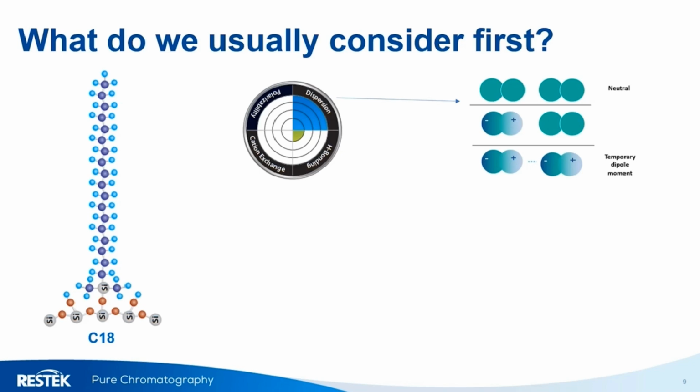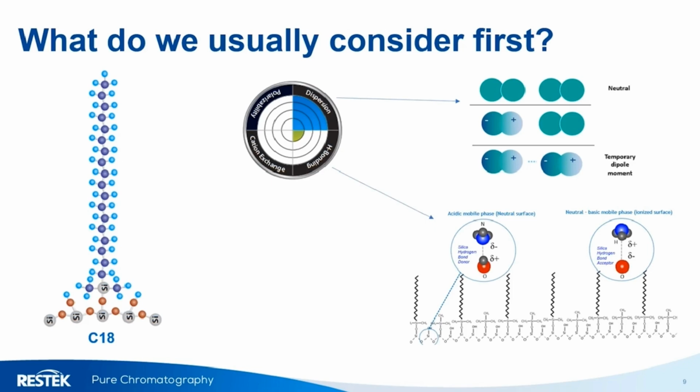When looking at neutral molecules, there's a shift in electron density causing an instantaneous temporary dipole moment in other adjacent nonpolar molecules. Hydrogen bonding is an electrostatic interaction between two polar groups that occurs when the hydrogen atom is covalently bound to a highly electronegative atom such as nitrogen, oxygen, or fluorine, and interacts with the electrostatic field of other highly electronegative atoms nearby.